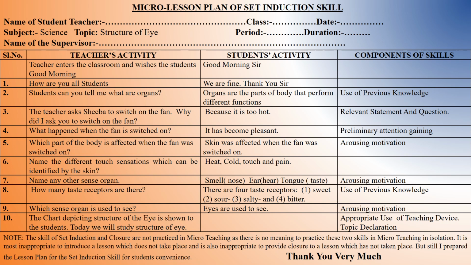The component used is arousing motivation. The chart depicting structure of eye is shown to the students. Today we will study structure of eye, was the teacher's statement. Appropriate use of teaching device and topic declaration were the components that were used.